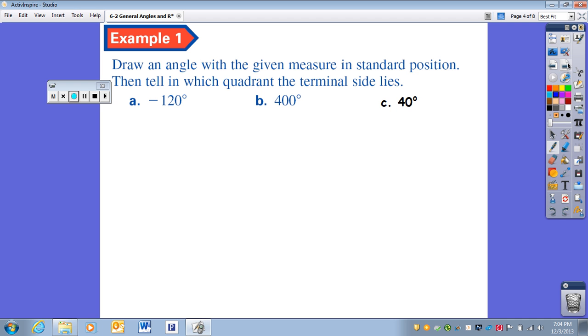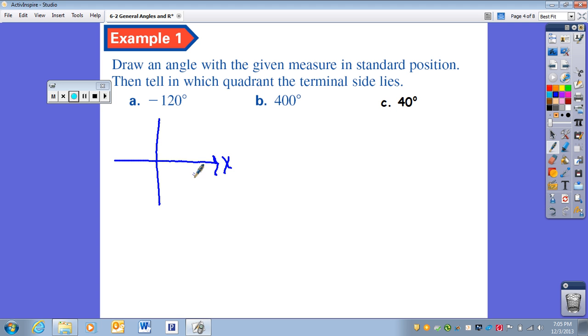Now we need to draw an angle with the given measure that is in standard position, and then we need to tell in which quadrant the terminal side lies. So if we have our y and our x-axis, beginning with our initial side on the x-axis, and we want to go a negative 120 degrees.